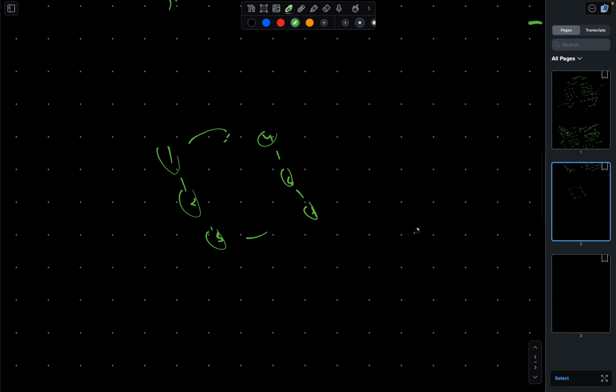So this will give us x3 minus x1, and this will give us x4 minus x6, and this is 6. So now we want x1 minus x4, and we are given an edge between x3 and x6.